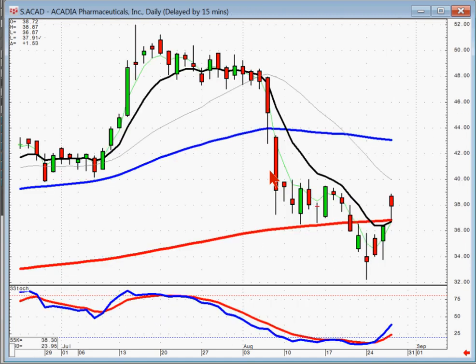And ACAD used the T-line and the 200 as support today. If I was buying this, I'd put my buy stop at today's open. If it came back up through there, it's kind of breaking through this level and telling me the bulls are still in control.